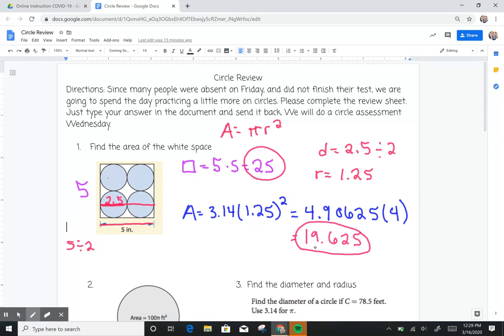That's how much space they're taking up inside the square. To find the white space, I want to find what's left over. So my final step would be 25 minus 19.625, and you get a final answer of about 5.375.